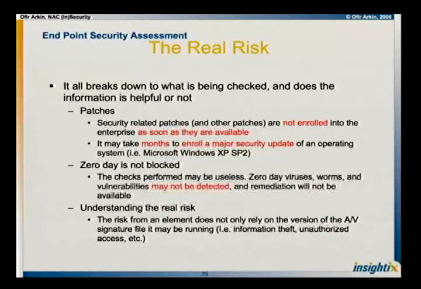Even if I have my patches, the accurate information, and my antivirus signatures, a 0 day will still be able to infect me and get to the network. And if someone knows how to attack and use a 0 day, my network is still vulnerable.